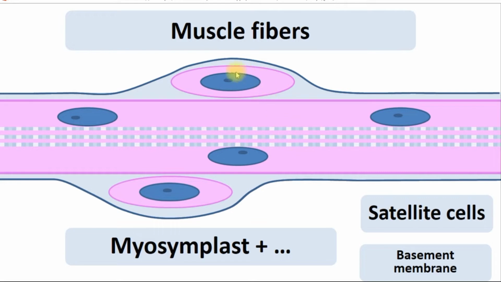And also satellite cells together with myosymplast are covered with basement membrane. Here we can see basement membrane. It covers myosymplast and satellite cells. So they have common basement membrane. It's membrane which covers muscle fiber. So together we can call this muscle fiber. It includes myosymplast and satellite cells, which are covered with basement membrane.